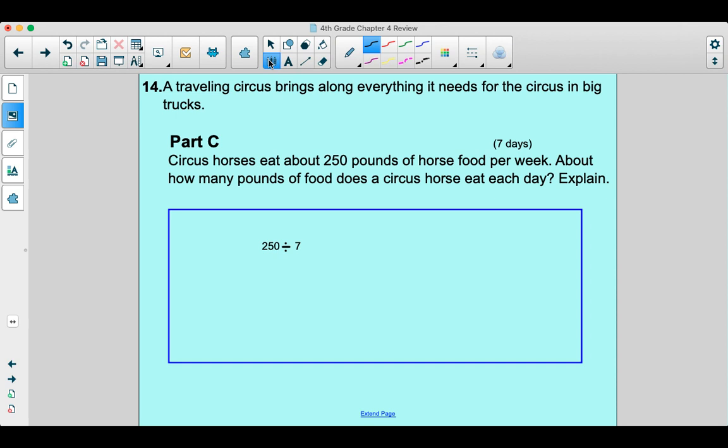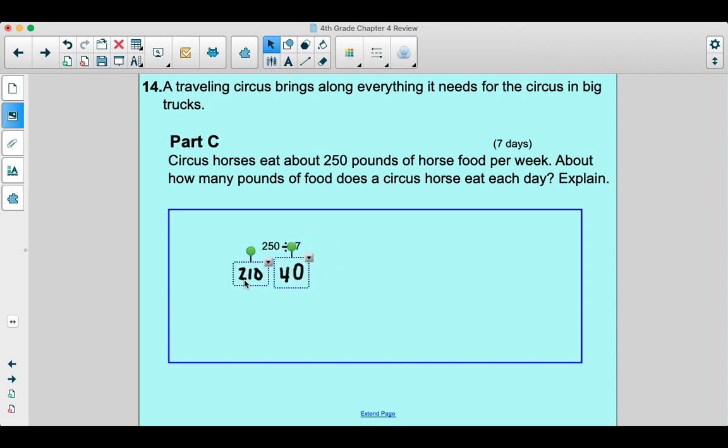So what do you guys think? I'm going to think about this as, let's see, 210. I'm going to split the 250 into a 210 and then how about I'll go 40 for right now. So I'm splitting apart the 250 into a 210 and a 40.